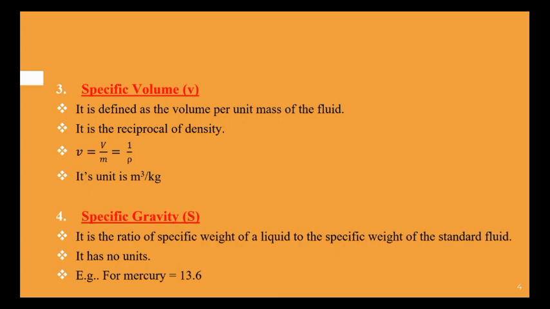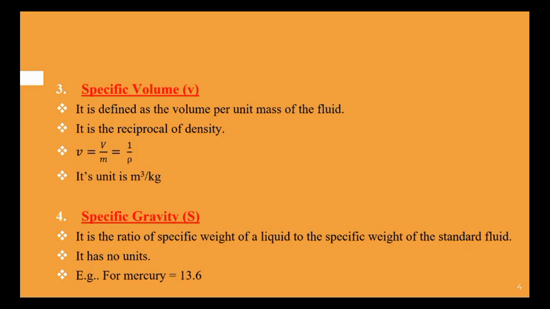The third property is specific volume. It is denoted by small letter v. It is defined as the volume per unit mass of the fluid. Its equation is given in the third line, that is specific volume small letter v equal to capital V divided by m, where capital letter V is the volume and m is the mass of the fluid.